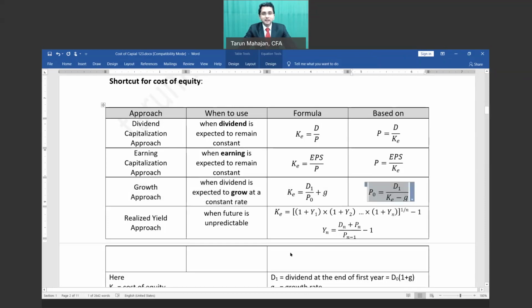This is actually the formula for present value of growing perpetuity. Present value of perpetuity is A upon R. Present value of growing perpetuity formula is A1 upon R minus G. So A1 means D1 and R means KE and G is the growth rate.